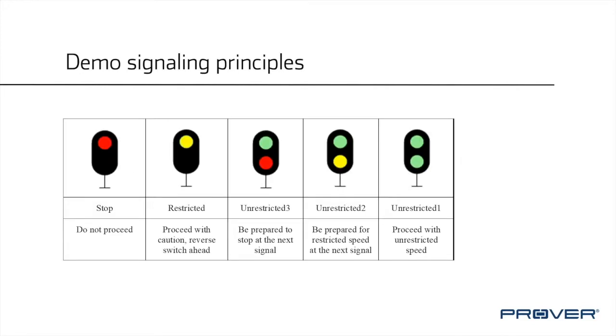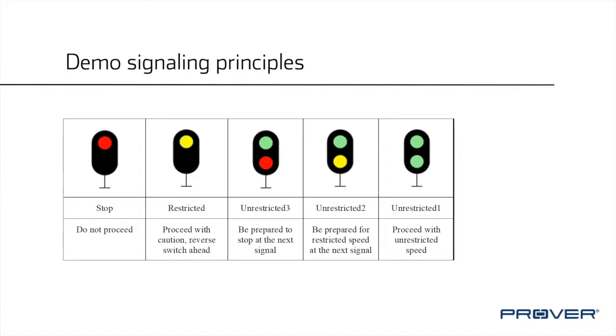What I want to show you is a process where you can depart from some signaling principles and construct an interlocking system that follows these principles. For the sake of a demonstration, we have come up with some mock-up signaling principles.